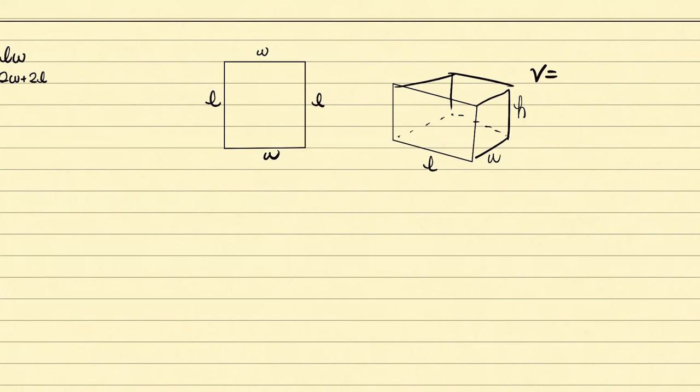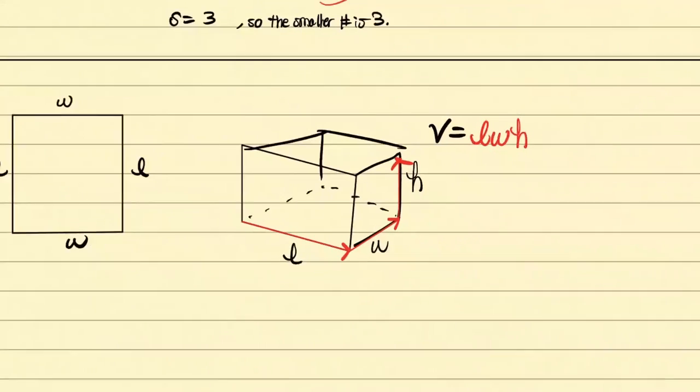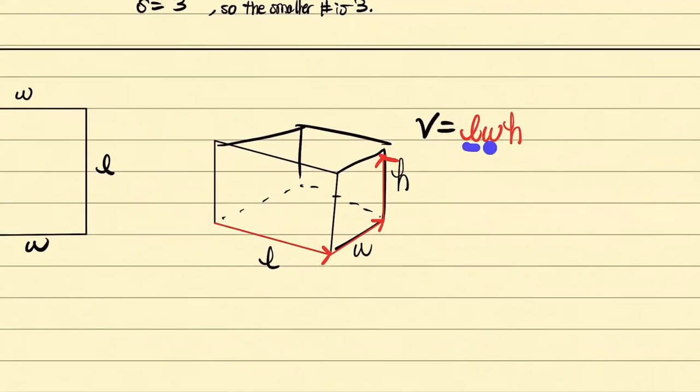So the volume of a rectangular box is going to be length times width times height. And notice in this equation, I have 3 unknowns. I have length, width, and height.